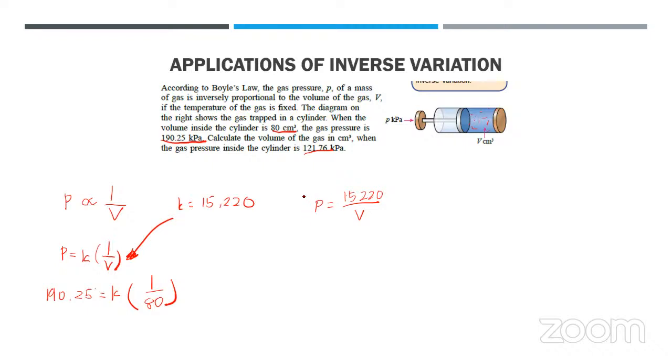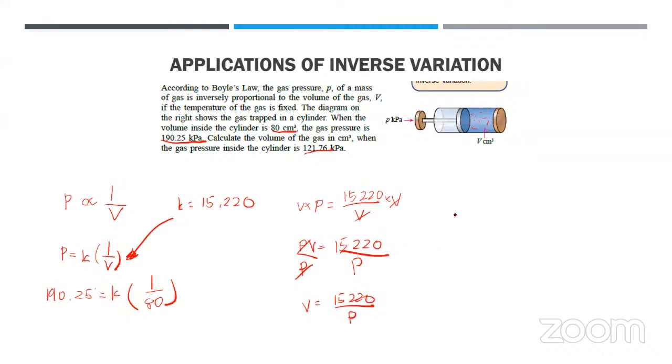Just times both sides by V. Then this cancels and you get PV is equal to 15,220. Then you divide both sides by P. Then this cancels. So you get V is equal to 15,220 divided by P. So now you have V in terms of P, or the volume in terms of pressure.